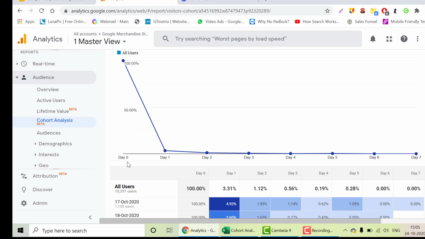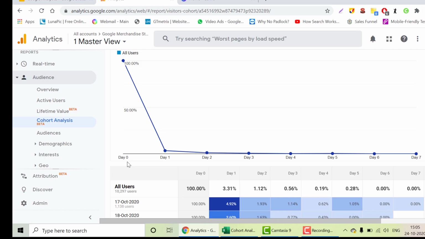So what I am trying to analyze over here is the user retention. Whether my website has the capability to retain the users and take hold of those users who are visiting this particular website.